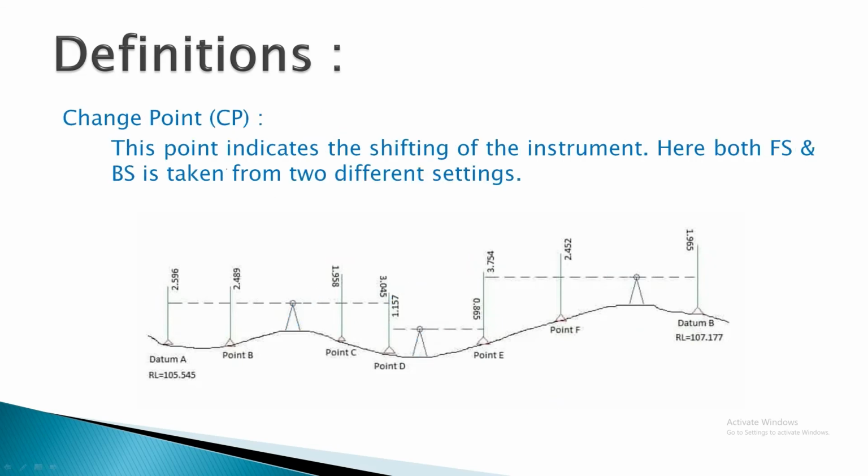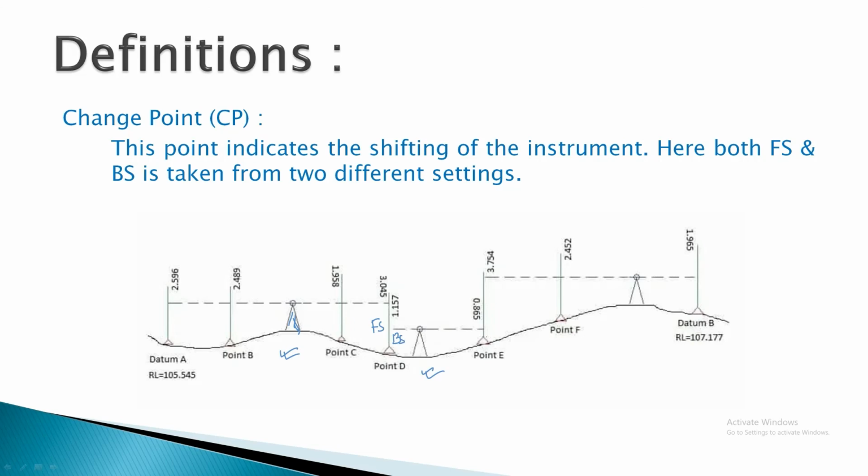So what is a change point? I already discussed. This is the point which indicates the shifting of the instrument, and here both foresight and backside readings are taken from two different settings. When the instrument station is at this particular point, we have taken the foresight reading, but when the instrument station is at this other location, we have taken the backside reading.